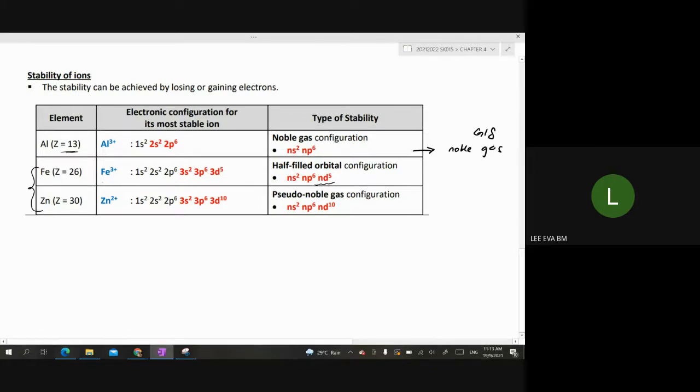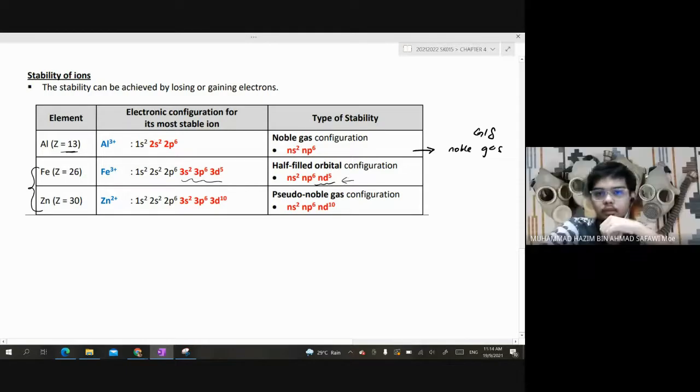If you want to produce Fe3+, losing 3 electrons, now you are achieving 3s2, 3p6, and 3d5. So 3d5 is a half-filled d subshell, so we name it the half-filled orbital configuration. When you want to write the valence electronic configuration, you write 3s2, 3p6, 3d5, or in general, it looks like this.